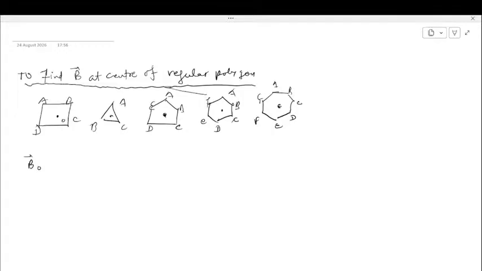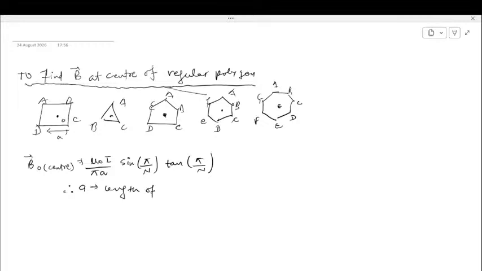Magnetic field at point O, O is the center, is mu naught I upon pi A, sin pi by n tan pi by n. A is the length of the side, and n is the number of sides.